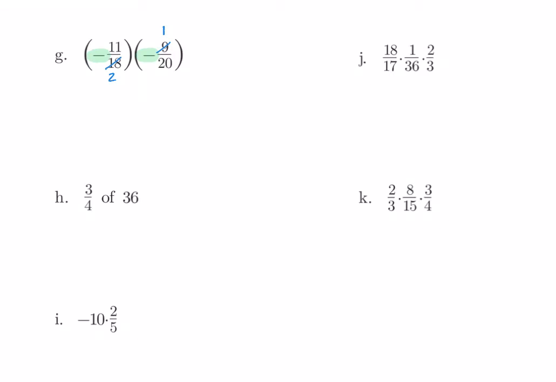Remember that it always has to be a top and a bottom. So nothing else cancels here. We can go ahead and multiply straight across. We get 11 times 1 is 11. 2 times 20 is 40. And then now what about the sign of my answer? I can cancel my negatives and my result is positive.